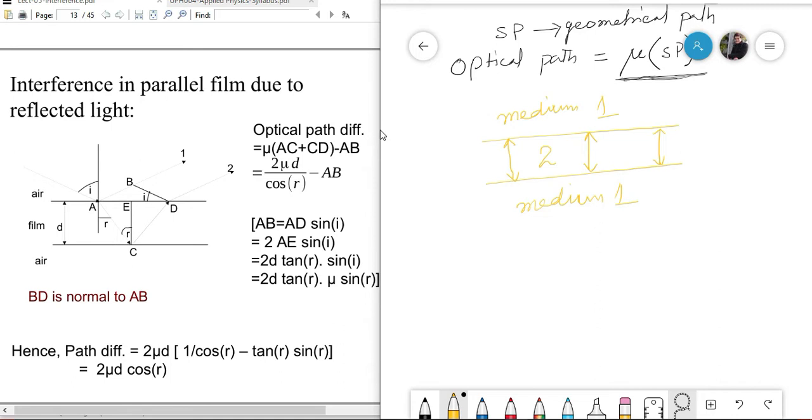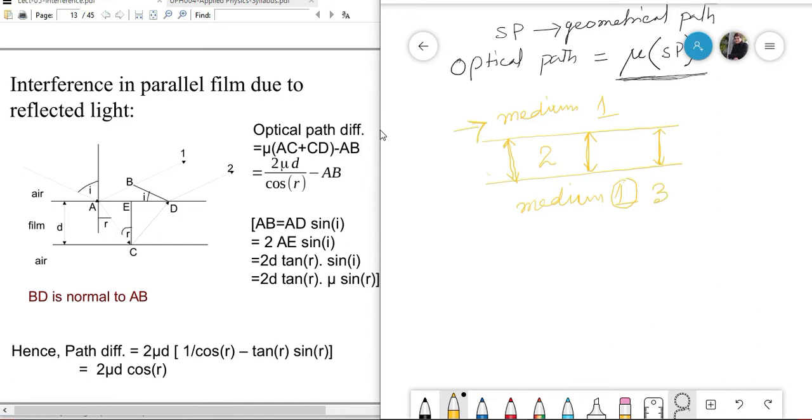This medium forms the film, and this would be a parallel thin film when the thickness at every place is the same. It could also be that this medium is not the same as the medium here. So that could be a separate medium.